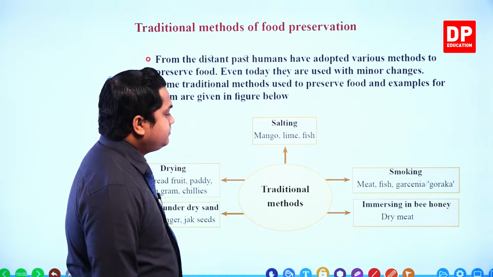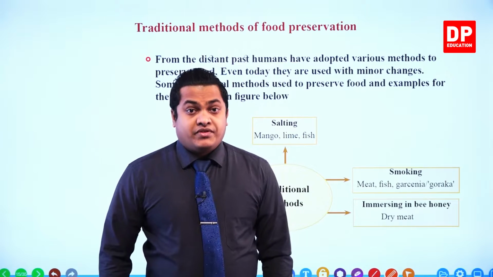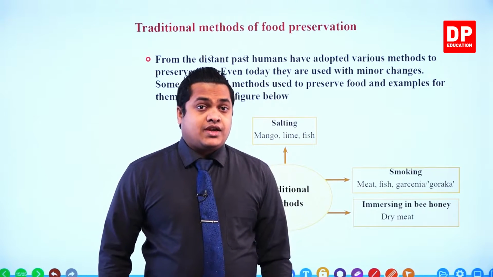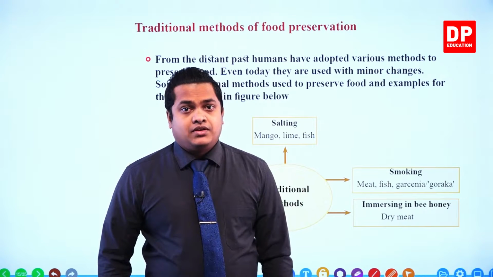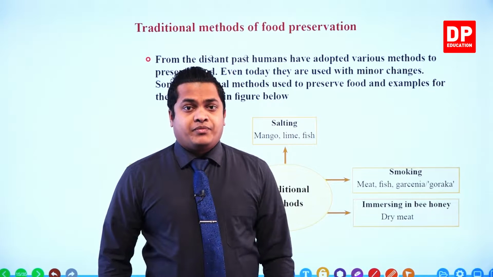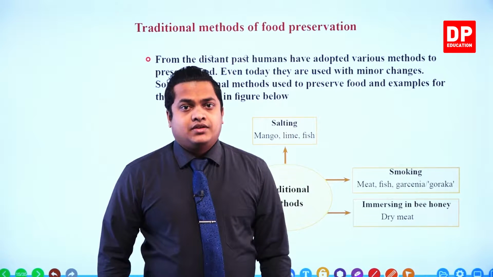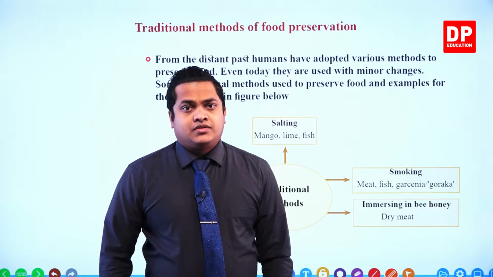Now, from our earlier age, from the ancient time period, starting from the Veda people, those time periods are pretty much ancient. From that time period also, this preservation of food was there.